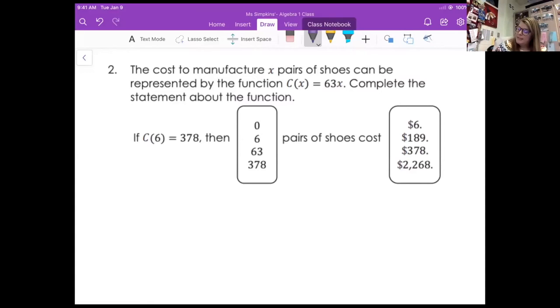Right, we have 6 pairs of shoes. How much are 6 pairs of shoes going to cost? $378. Again, we don't have to do anything. It's already giving me the answer. I just have to determine what that answer means. It means that if I manufacture 6 pairs of shoes, it's going to cost $378.